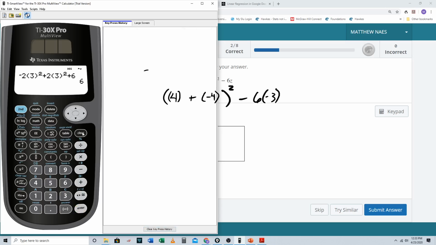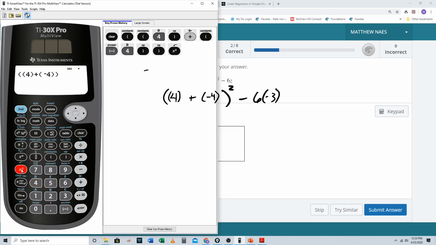Let me clear this. We have 2, parentheses, 4, close the parentheses, plus, parentheses, -4, close 2 parentheses, squared, minus 6, parentheses, -3, close parentheses. So exactly as it is, you just type in everything there and press enter, and you should get 18.